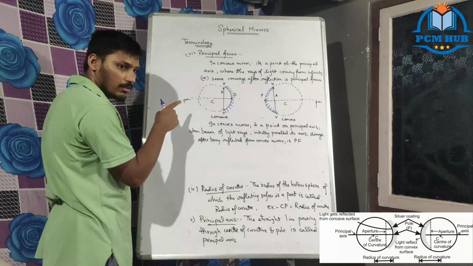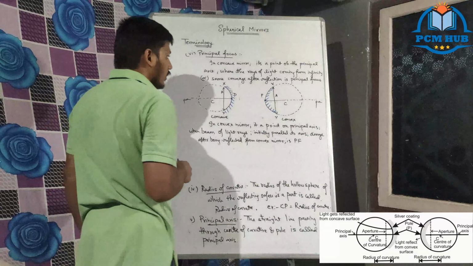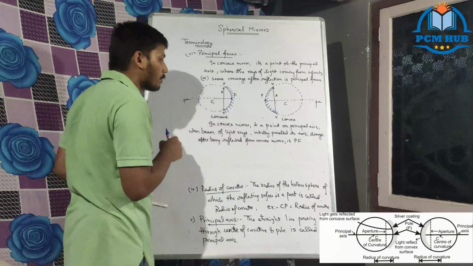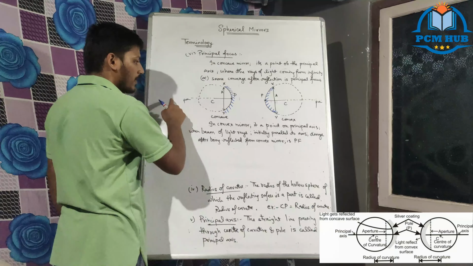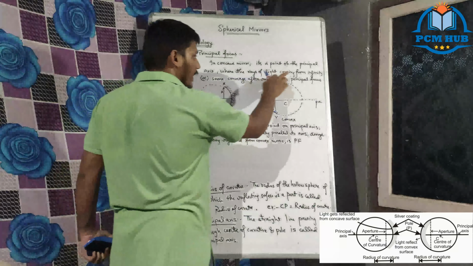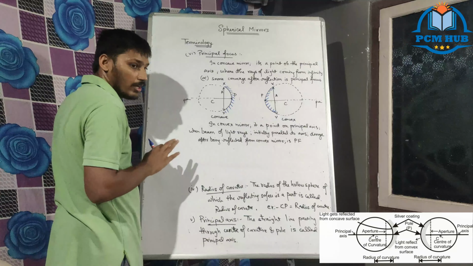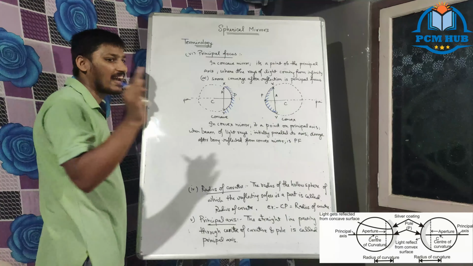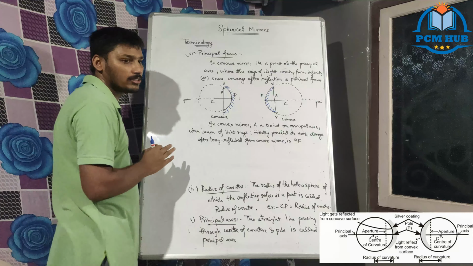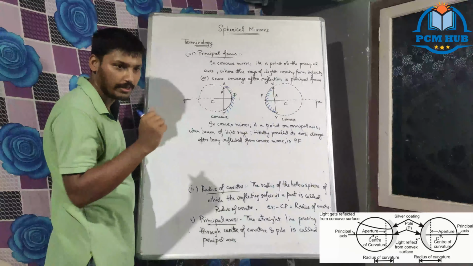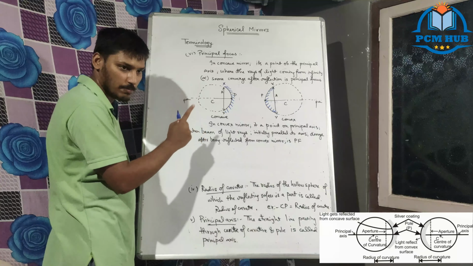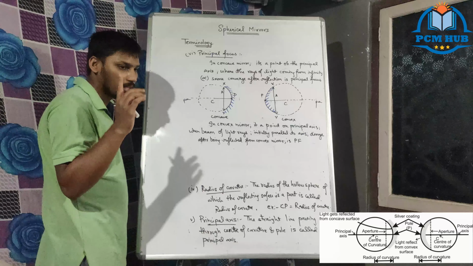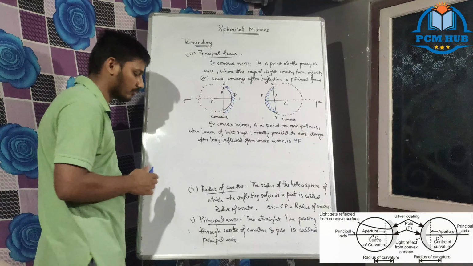In a concave mirror, it is a point on the principal axis, where the rays of light coming from an infinity source, all coming parallel to each other as I told yesterday, converge at one point. That one point is on the principal axis. That point is known as the focus point.